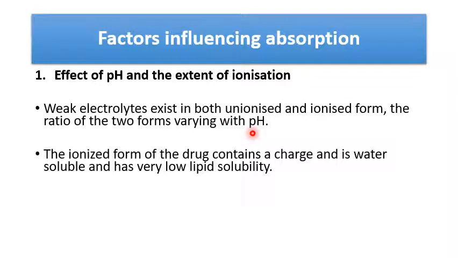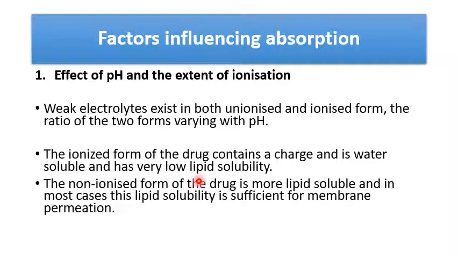The ionized form of the drug contains a charge, is water soluble, and has very low lipid solubility, while the non-ionized form of the drug is more lipid soluble, and in most cases this low lipid solubility is sufficient for membrane permeation.